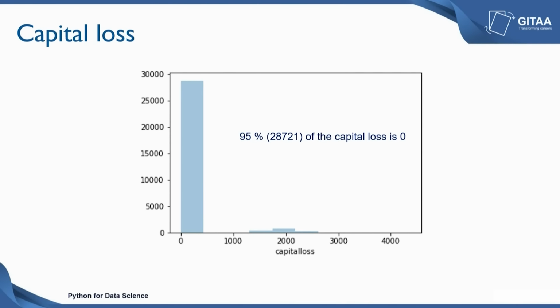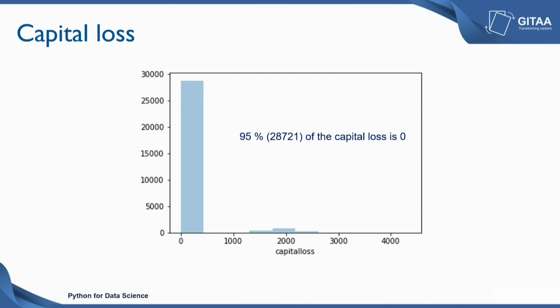Capital loss values are also ranging from 0 to 4,000, but 95% of the capital loss is 0. So, in our records, either we have the records for capital gain or loss, because either they have lost or gained from the investment. And if you see, for 28,721 individuals the capital loss is 0.